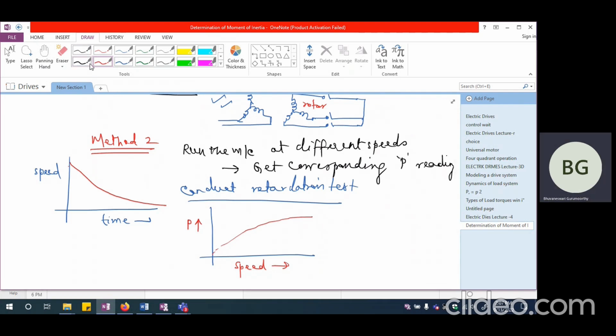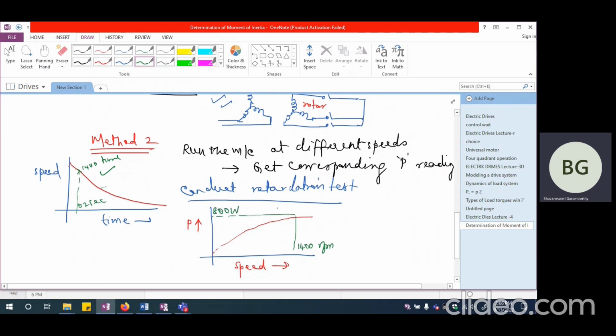Now, we are going to combine these two plots and say, at different time intervals, what is the power loss the machine could have incurred depending upon the speed. So let us say this is corresponding to 1400 RPM, and this corresponds to probably 0.2 second. And here, corresponding to 1400 RPM, I am having a power loss of probably 800 watts.